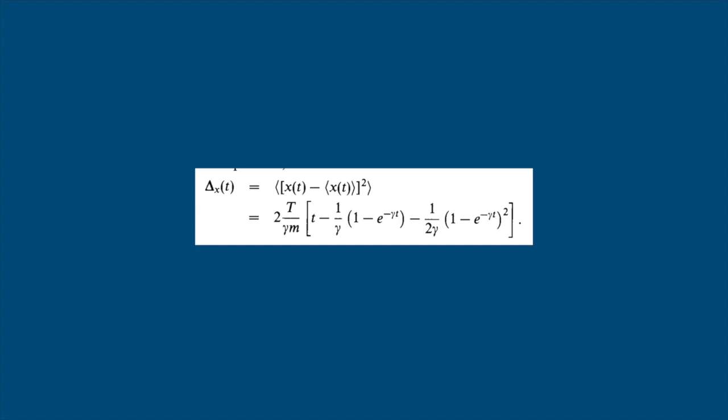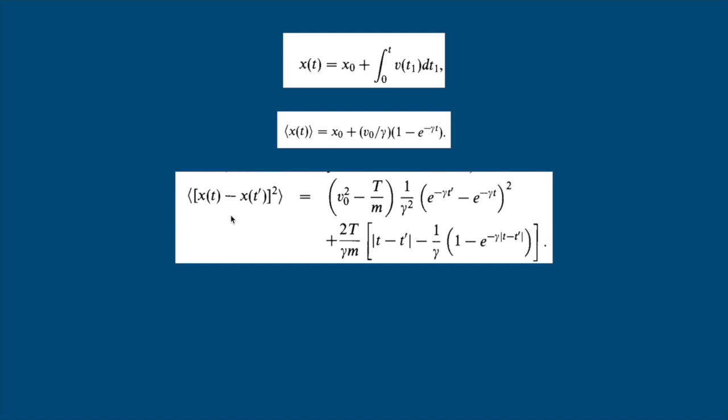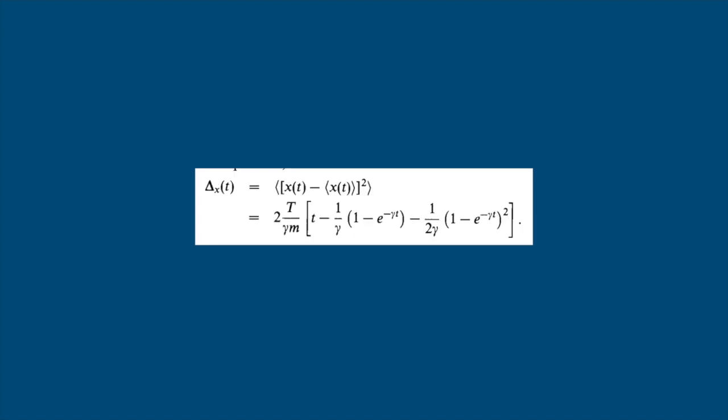The variance of x of t minus x of t dash, minus the average of x of t minus x of t dash the whole square, is in fact identical to this. The noise zeta is a Gaussian random variable. Both v of t and x of t are linear functions of zeta. So that's about the short time behavior of this system.